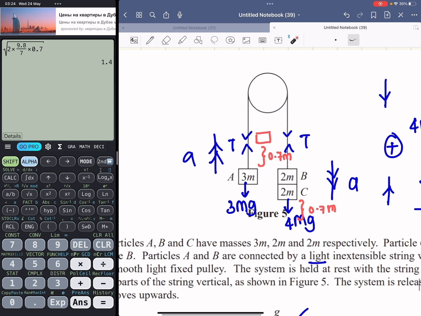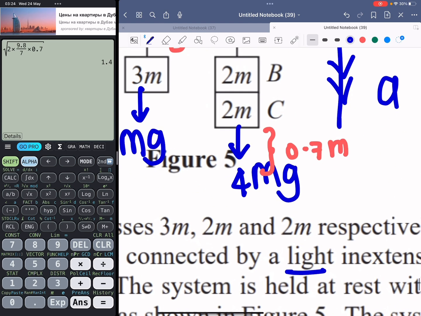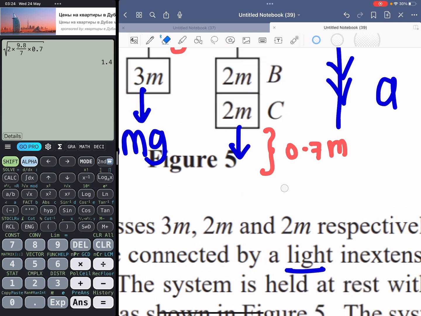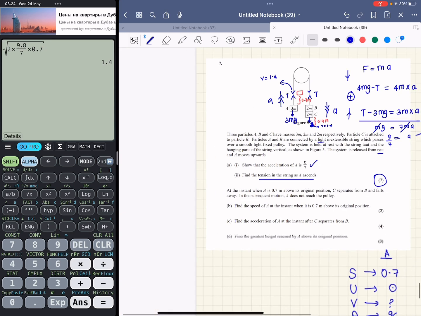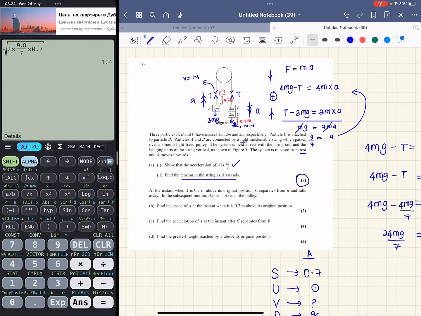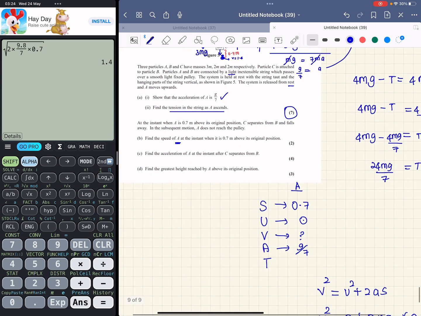At that point, the velocity of A is 1.4. When these two objects have reached that point, the velocity is 1.4. C detaches from B and then separates. But all we need to know is the speed of A.